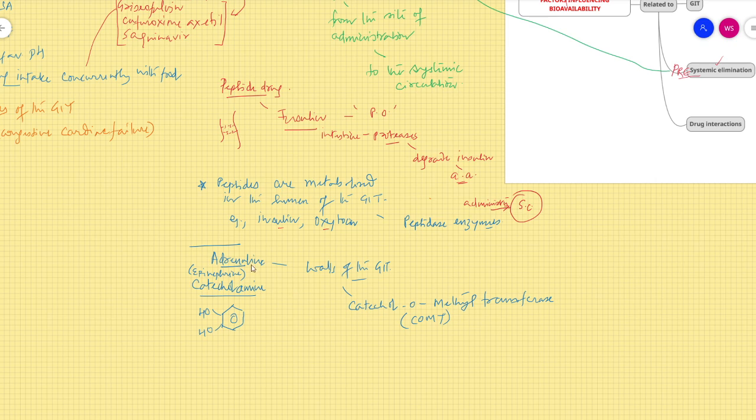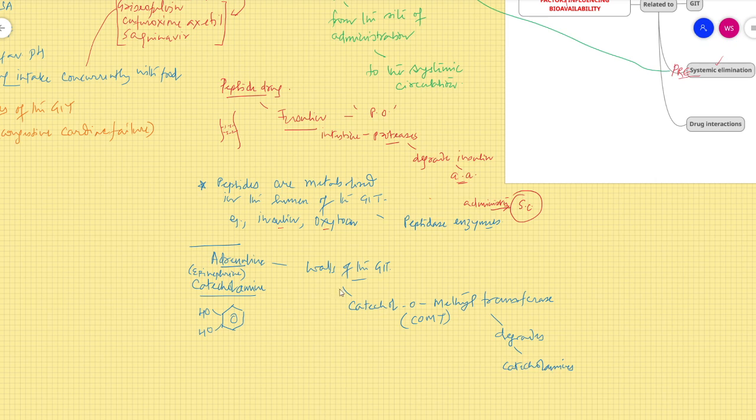Okay, so if adrenaline is given orally, in the walls of the GIT there is this enzyme COMT which will degrade it. What does this COMT do? It degrades catecholamines.